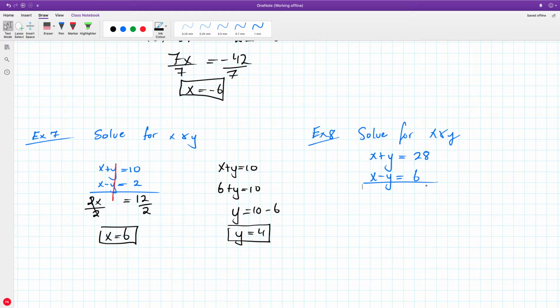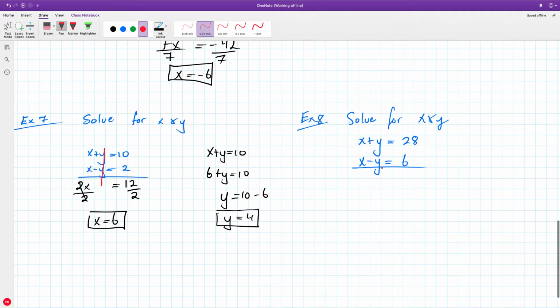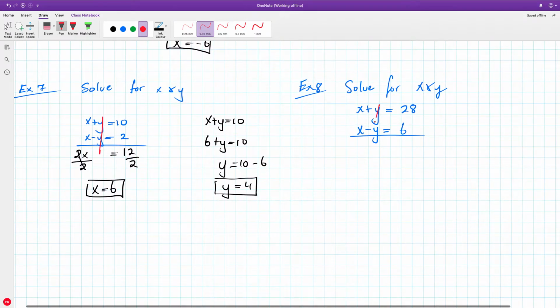Right, let's have a little look at it. So, what happens plus y minus y? They cancel. Grace, what is x plus x going to leave me with? What's the x plus x going to leave me with?